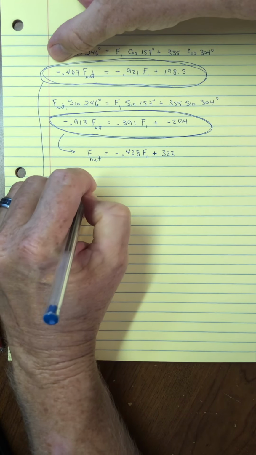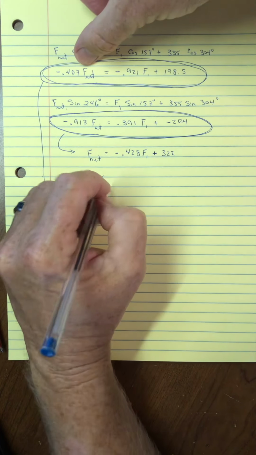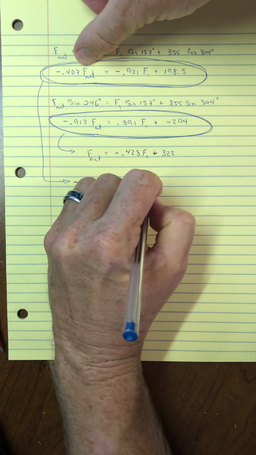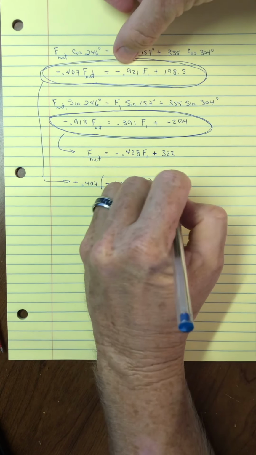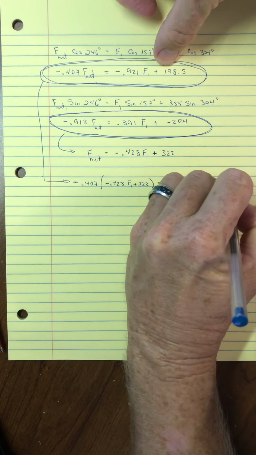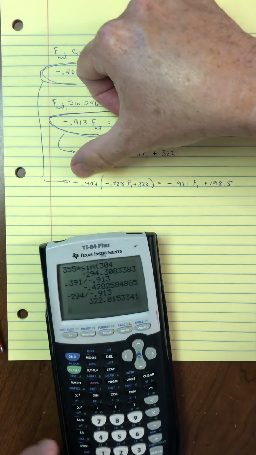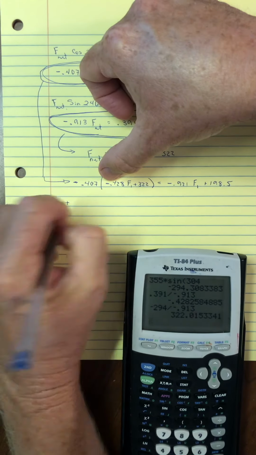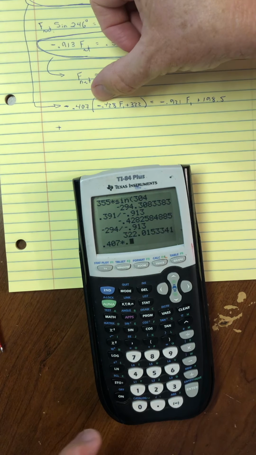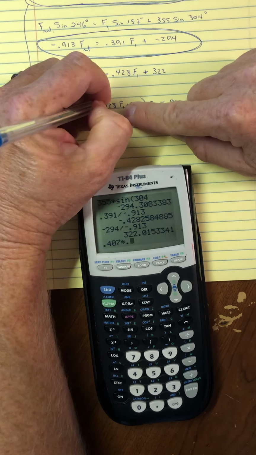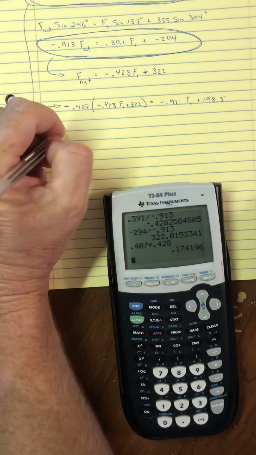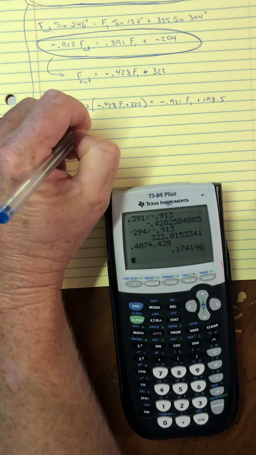So minus 0.407 times the net, negative 0.428 F1 plus 322 equals negative 0.921 F1 plus 198.5. And then when I do the distributive property here, this negative times that negative make a positive 0.407 times 0.428, making a 0.174 F1.